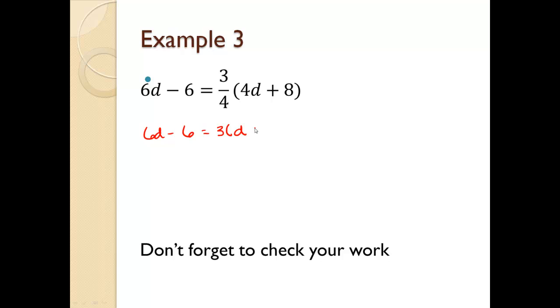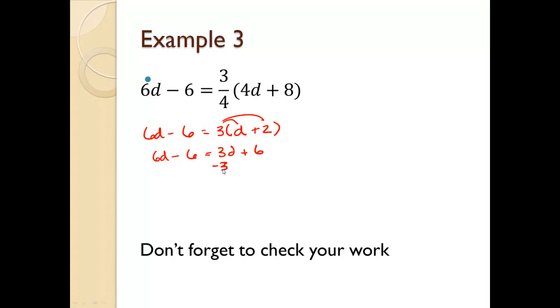Yep, it goes into 8 2 times. So because it goes into both, now that's the thing, it has to go into both. Otherwise, you would want to try multiplying by the reciprocal and seeing if that's easier. So now I can simplify that to 3 times d plus 2, which then you distribute, giving you 3d plus 6.